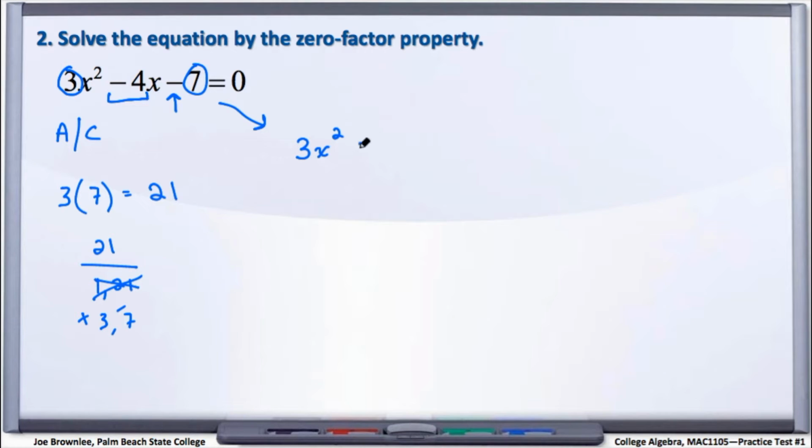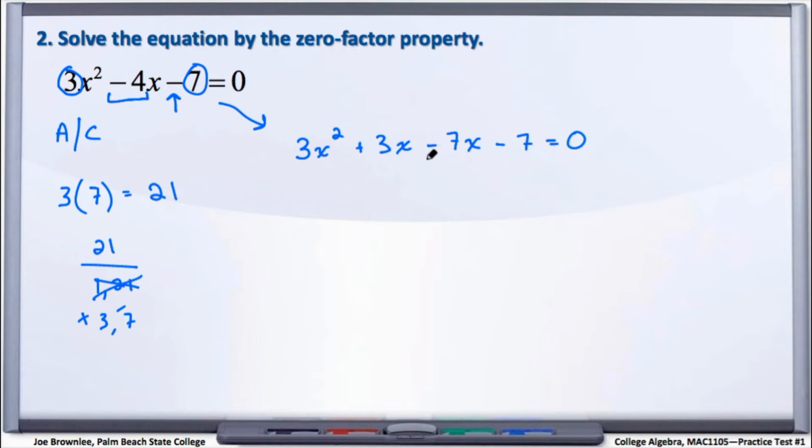So we'll say plus 3x minus 7x, and then the -7 that was in the original equation equals 0. So we have 3x squared plus 3x minus 7x minus 7 equals 0, and that is equivalent to the original quadratic, except instead of 3 terms on the left, we have 4.